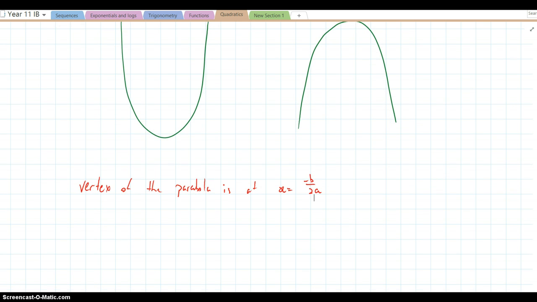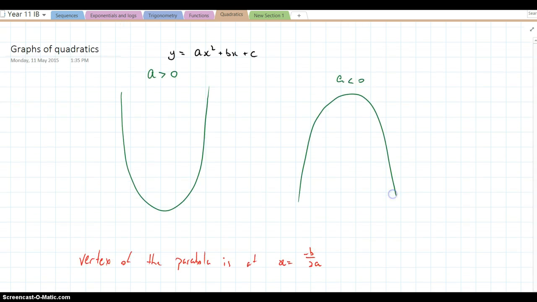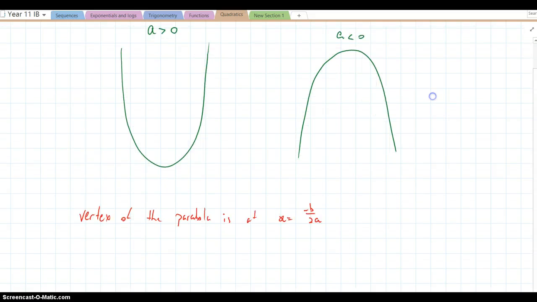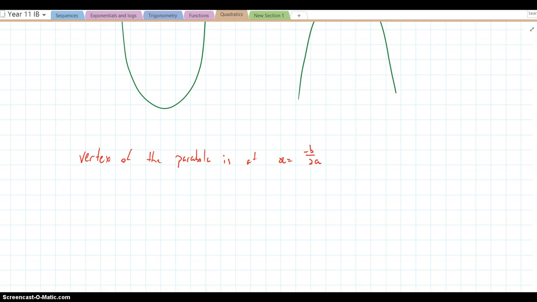Once you've found that value of x, you can sub that into the equation of the quadratic to find out what y is equal to, and you've got the coordinates of the vertex. That's brilliant. Another way of finding the vertex is to complete the square.